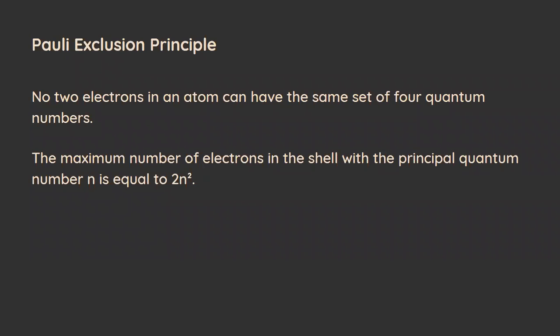Second is the Pauli's exclusion principle. This was given by Wolfgang Pauli in the year 1926, who was an Austrian scientist. According to him, no two electrons in an atom can have the same set of four quantum numbers. As we had discussed, we have the principal quantum number, the azimuthal quantum number, the third is the magnetic quantum number, and the fourth is the spin quantum number.